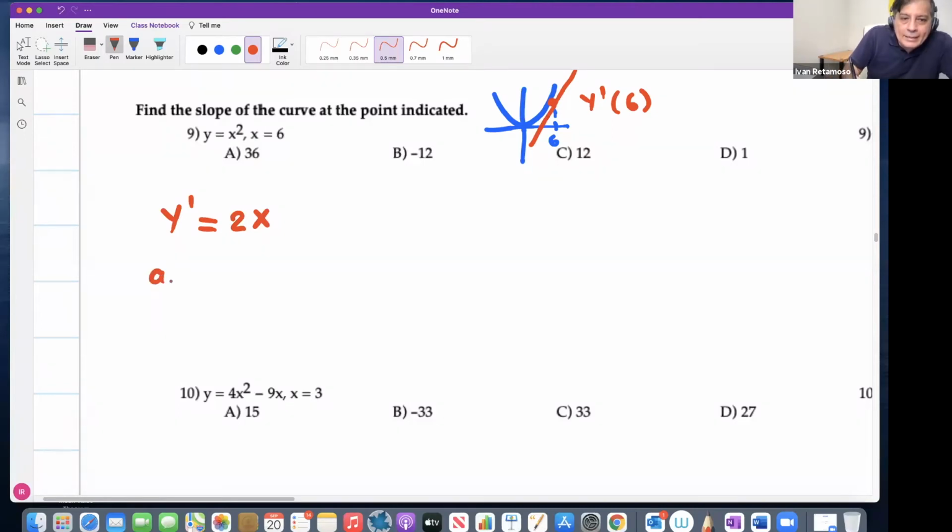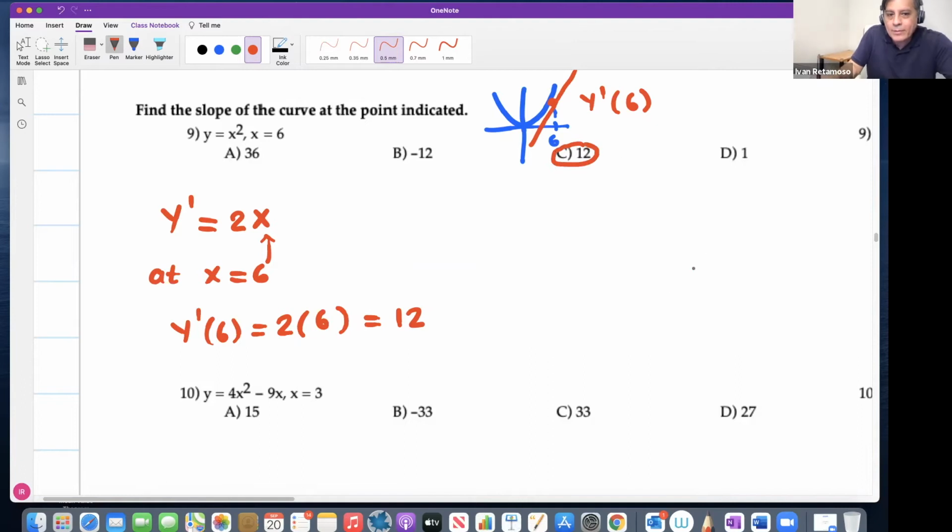And at x equals 6, the derivative evaluated at 6 will be just twice 6, which is just 12. Very good. So this is how you do this type of problems, right?